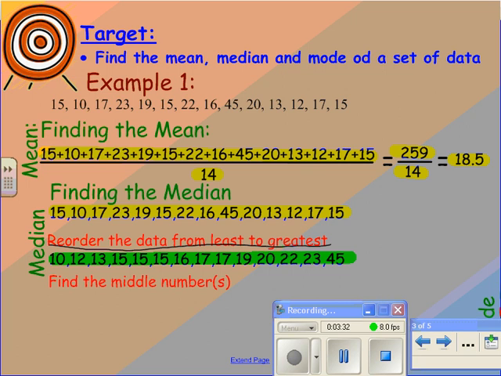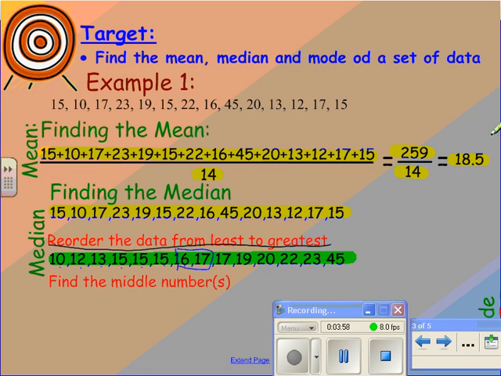Then we look for the middle number. Since there are 14 numbers in our data set, an even number, we're going to have 2 middle numbers. I count over 1, 2, 3, 4, 5, 6, 7. So I'm going to use these 2 numbers, 16 and 17.